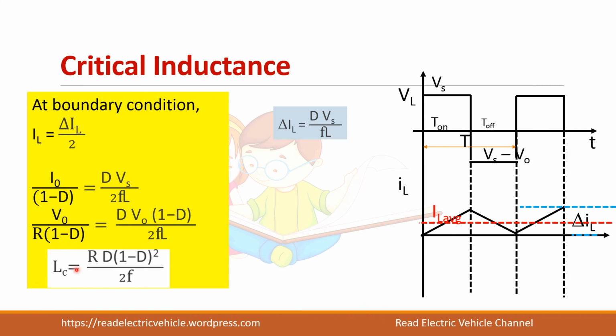So L is equal to R into D into (1 minus D) the whole square divided by 2F. So inductance is inversely proportional to F. So if you increase the switching frequency, inductance will reduce. And D into 1 minus D: this critical inductance is always a function of load as well as duty cycle, because at one particular duty cycle you will get this critical inductance.